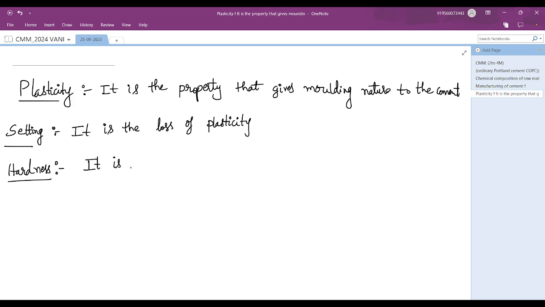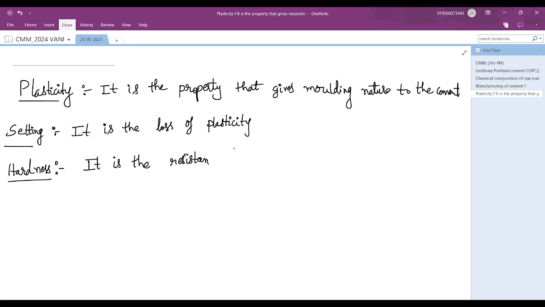Or more basically, it is defined as the resistance to scratching or abrasion. So hardness for the cement is considered as gaining strength.